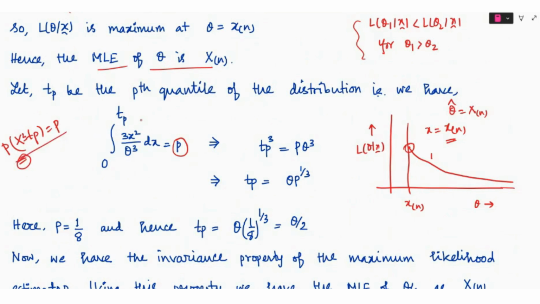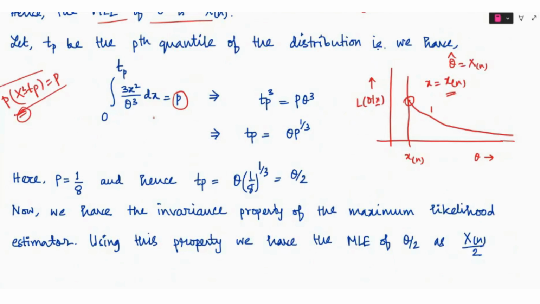This is the definition of pth quantile. So from the definition, we get T_p equal to theta into p to the power 1 by 3. Here T_p is our pth quantile. So we have obtained the pth quantile as a parametric function of the given distribution.